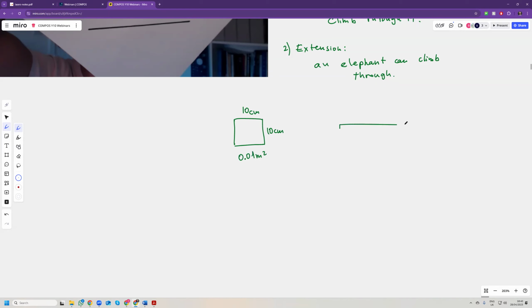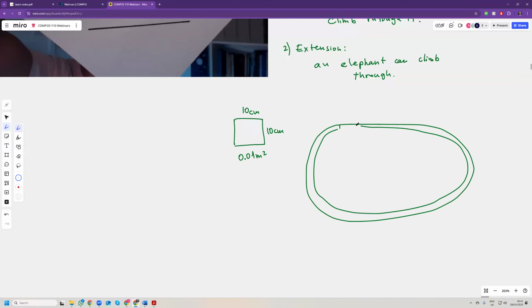If you have a ring made of paper, so a hole in paper, the width of this paper cannot be less than the width of an atom.